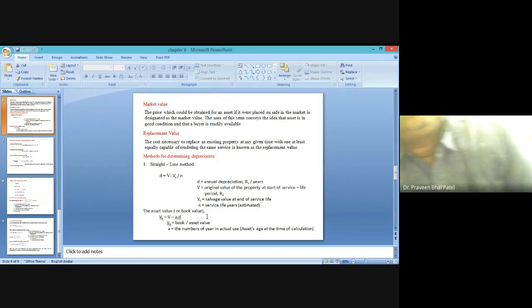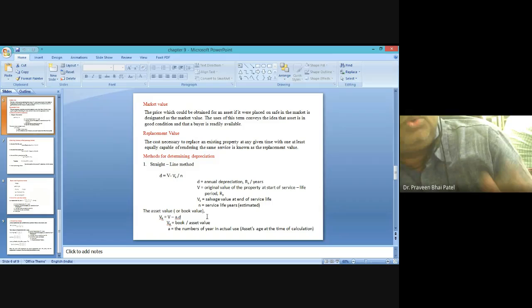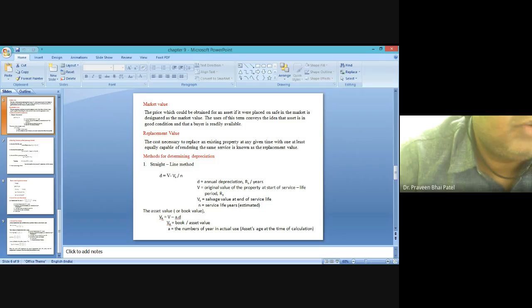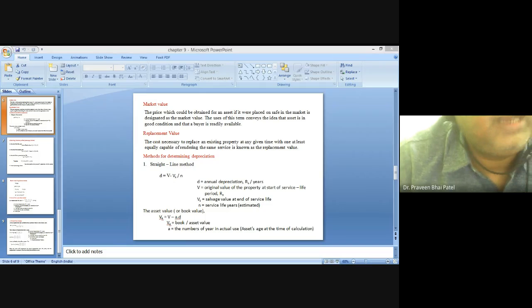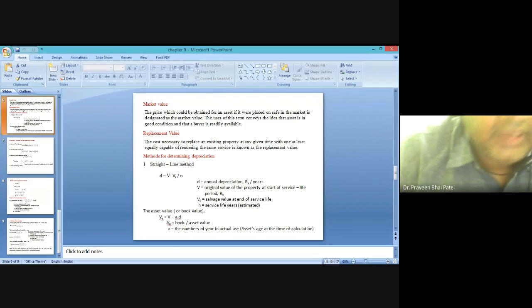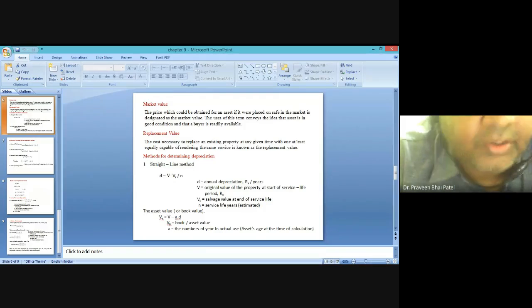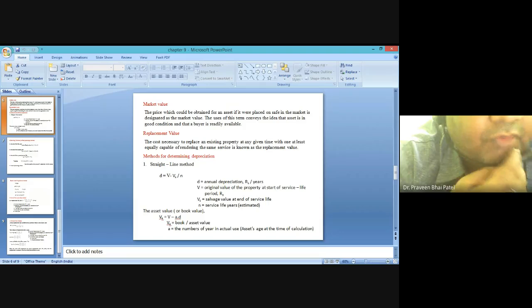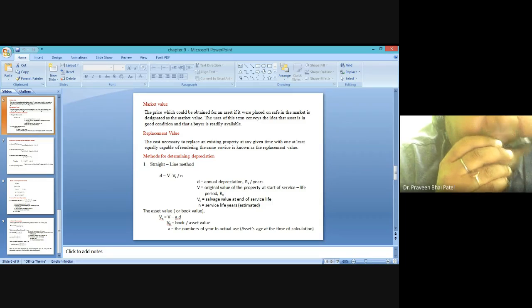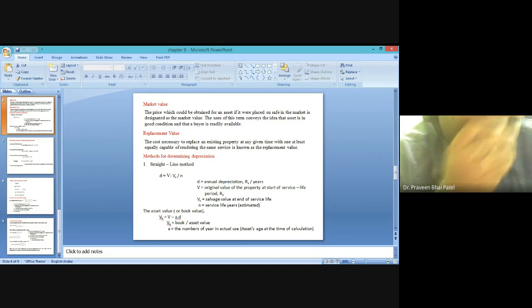So this is also one of the methods to calculate the asset value of that particular product after a particular year, and we must be aware of how we are calculating it. This is another condition from where we can easily calculate the asset value of that product after every year.